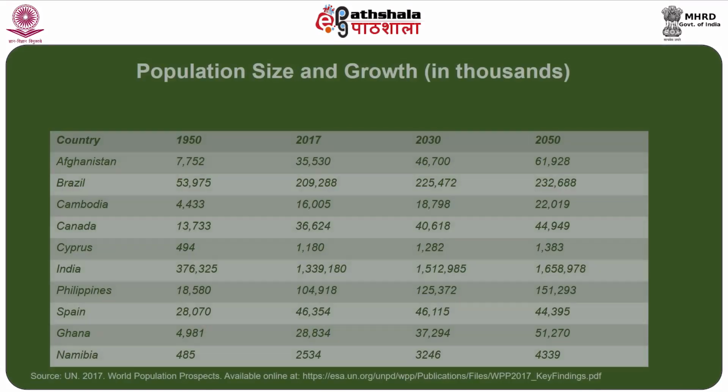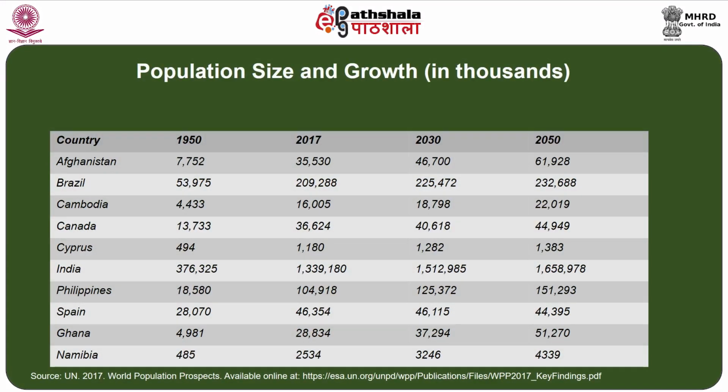Looking at the table above, we can see that the population size of Cyprus, in thousands, increased from 494,000 in 1950 to 1180,000 in 2017, and the projection for 2030 is only a marginal increase to 1282,000.